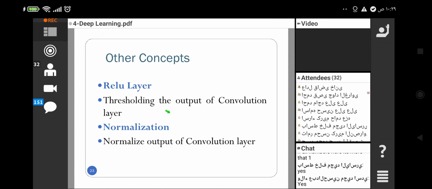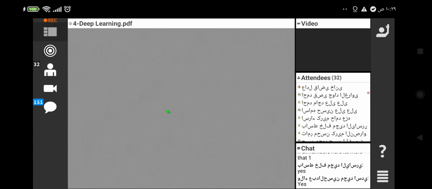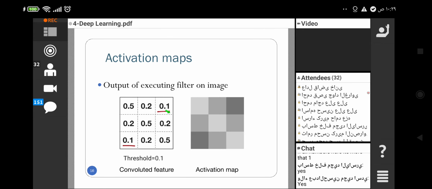Yes, I said that in this example, the sum of the numbers is not 1. So what do we do? We have to change these numbers. And there are different methods. How can we normalize the data?